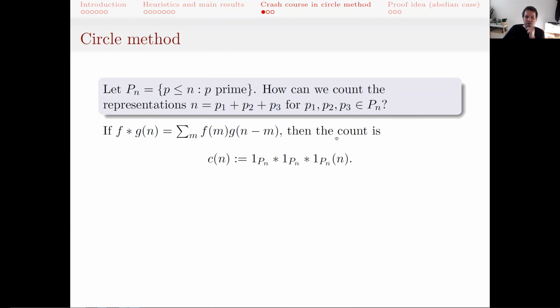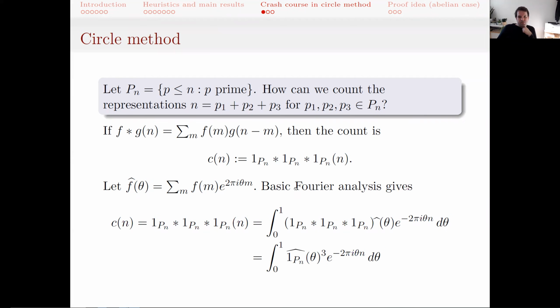Well, you can define convolution in the usual way, and then this count that you are interested in is just the triple convolution of the indicator function of all the primes, or at least primes that you care about, so primes that are less than n, evaluated at n. You define Fourier coefficients, also in the usual way.